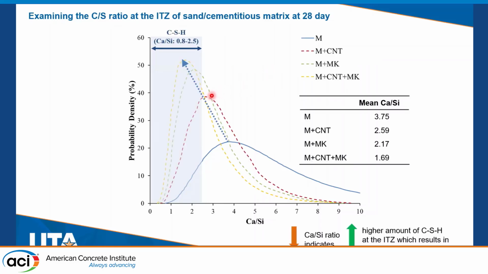With the addition of both CNT and metakaolin, we observe a decrease in the mean C/S ratio with a higher probability of finding CSH. With the combination of carbon nanotubes and metakaolin, we observe the lowest C/S ratio, the highest probability of finding CSH, and also the width of the curve is reduced, which means a more uniform microstructure is present.